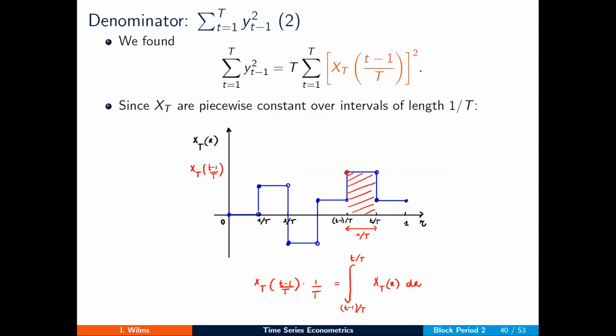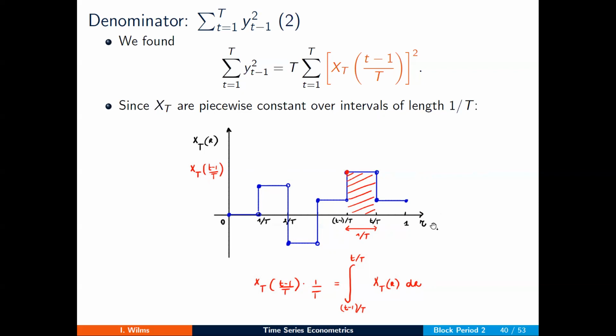Now, what are the sums of our partial sum process over here? Well, remember, this is a piecewise constant function over intervals of length 1 over capital T. And I've recopied here a visual example on the slide.